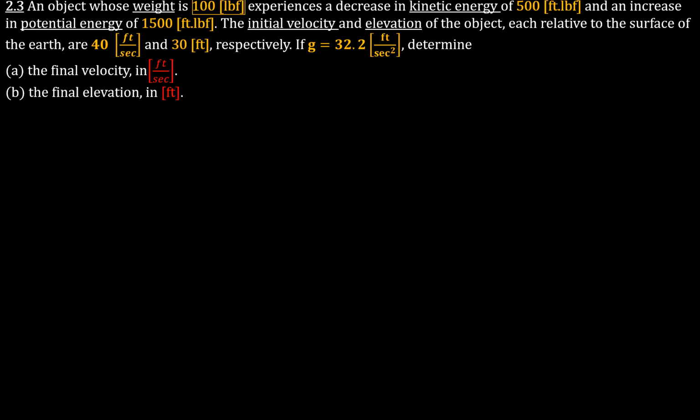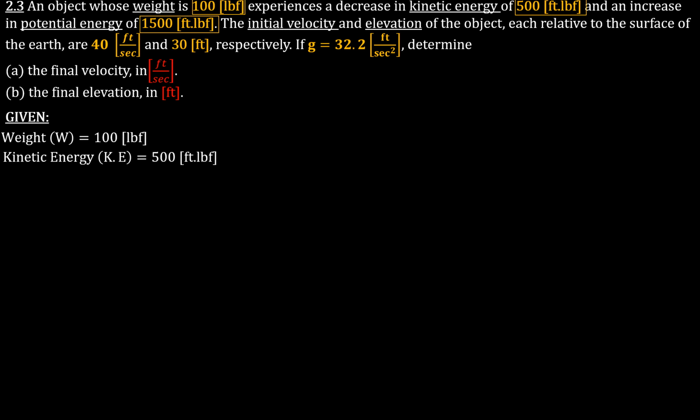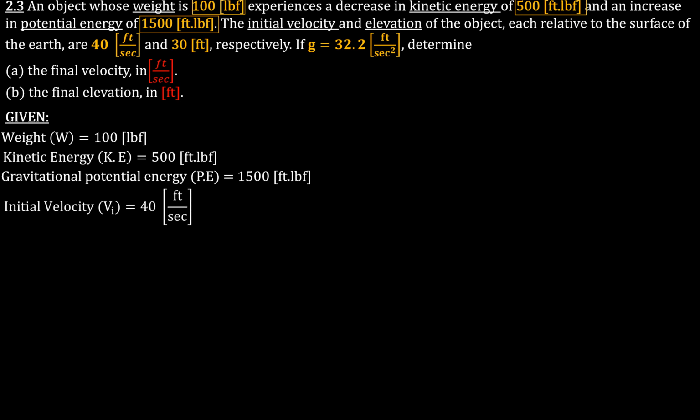As always, as a good practice, write down what is given, sketch what you have, write down what you need to find, and start your solution. So here we are given the weight, W, as 100 pound force, the decrease in kinetic energy as 500 feet times pound force, the increase in gravitational potential energy as 1500 feet times pound force, the initial velocity as 40 feet per second, and initial elevation of 30 feet.